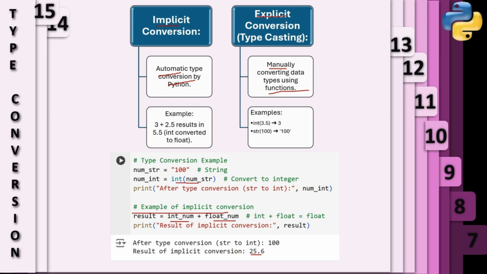As you can see, we take a num string 100 and by using the int function we convert it to an integer. As we can see in the result, it is not represented in single or double quotes. This means that it successfully converted to an integer.